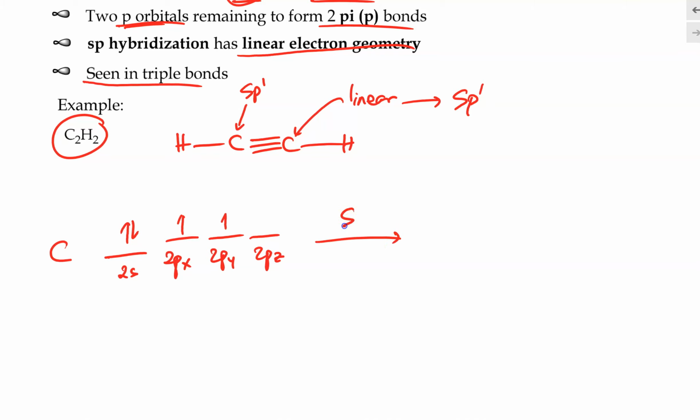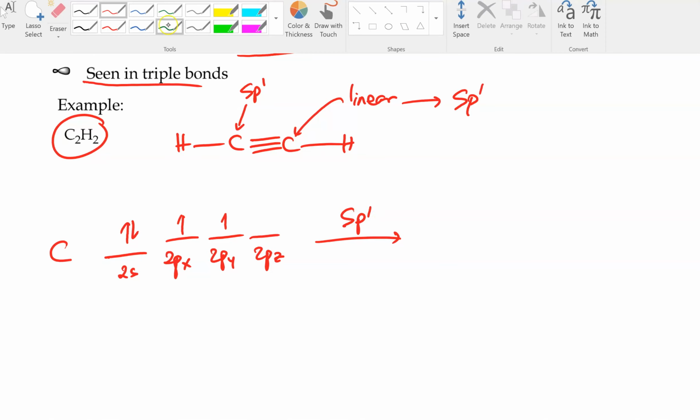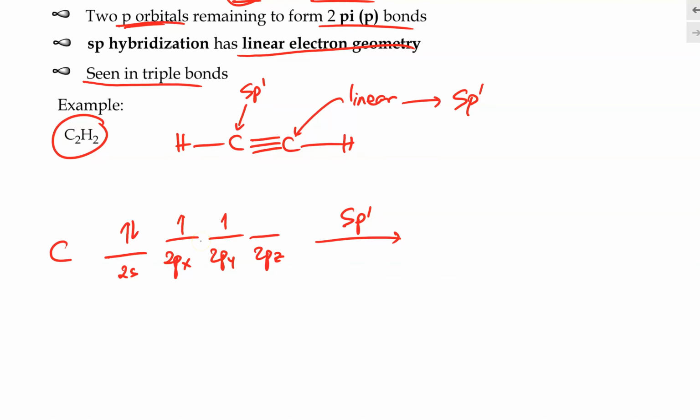And in the sp1 hybridization, we will see that only one of the p orbitals is involved in the hybridization with the 2s orbital. So here it is, and now we will have 2 hybrid orbitals, and we'll label each of these as sp1 and sp1.